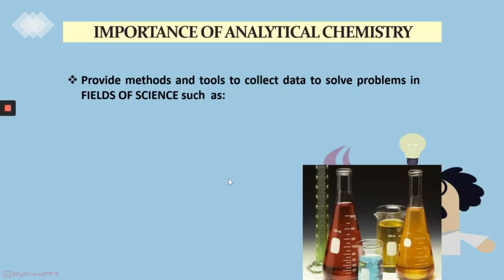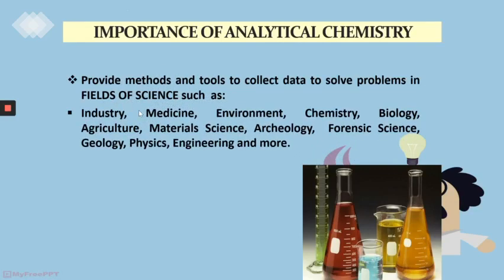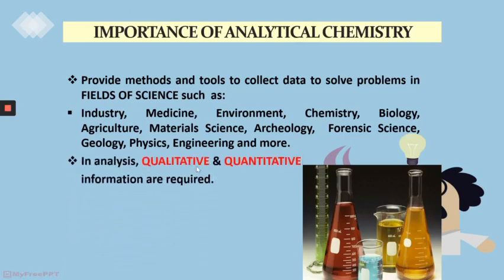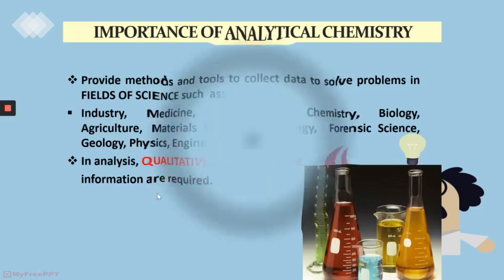Actually, analytical chemistry provides methods and tools to collect data to solve problems in fields of science such as industry, medicine, environment, chemistry, biology, agriculture, material science, archaeology, forensic science, geology, physics, engineering, and so on. So in analysis, qualitative and quantitative information are required.